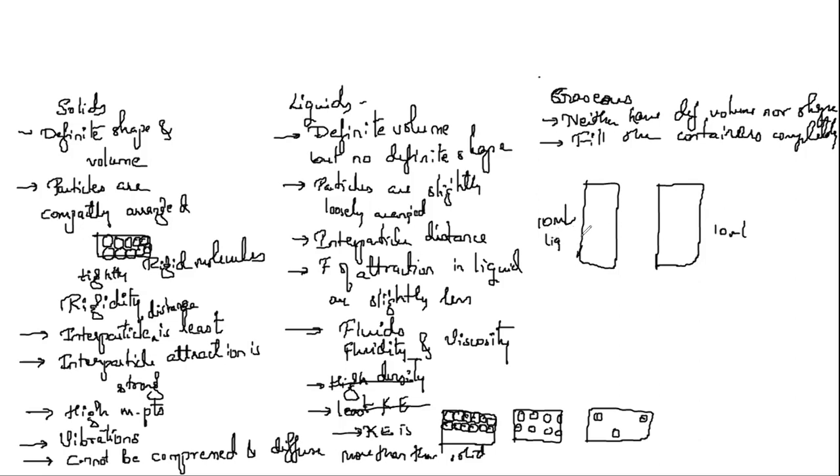When I put liquid into it, it will come around so much, 10 ml of liquid. So it is not filling the container completely because the particles are being held. There is some force of attraction. Same thing if I take certain ml of gas, what happens? All the gas molecules spread wherever they want. So the gases fill the containers completely.